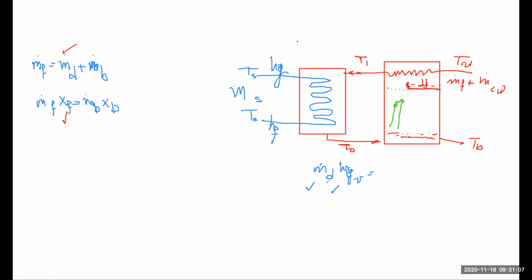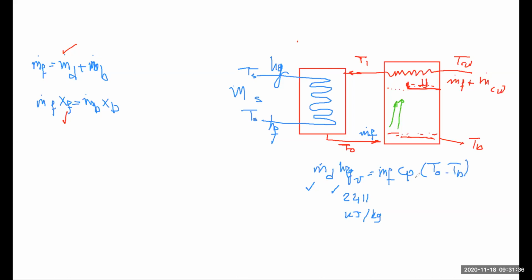If you operate something like EES, it will tell you that this value is 2411 kilojoule per kilogram. And this is in balance with the quantity leaving here, which is m dot feed into Cp into T naught minus Tb.